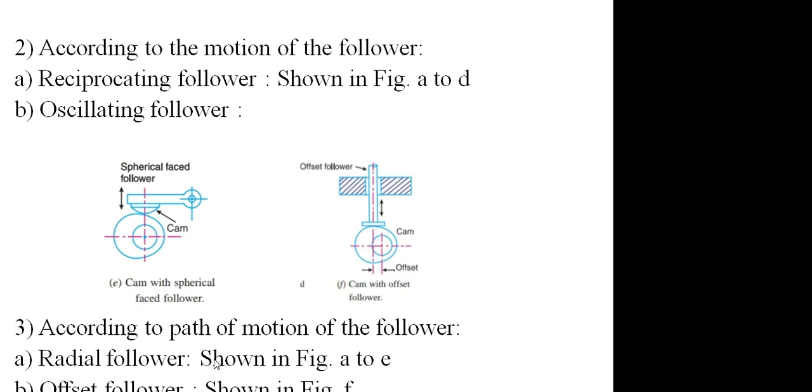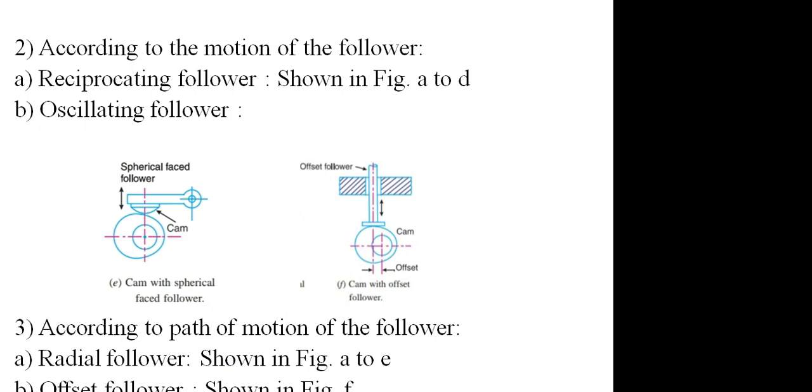In all the followers we have seen till now, from figure A to E, the axis of the follower and the axis of the cam are in line. Such followers whose axis is in line with the axis of the cam are called radial followers.